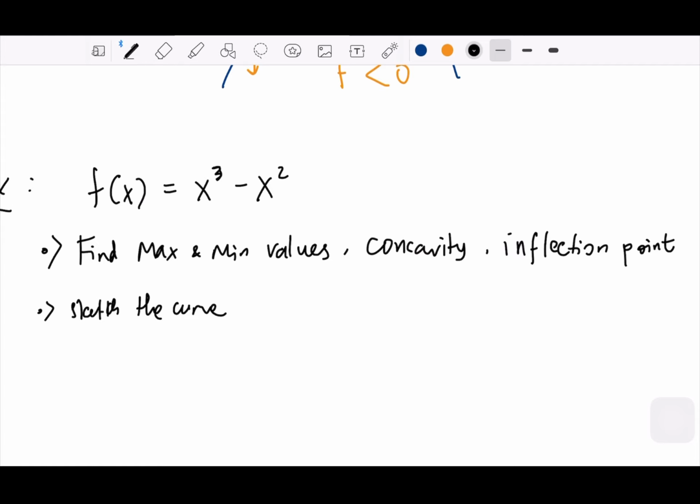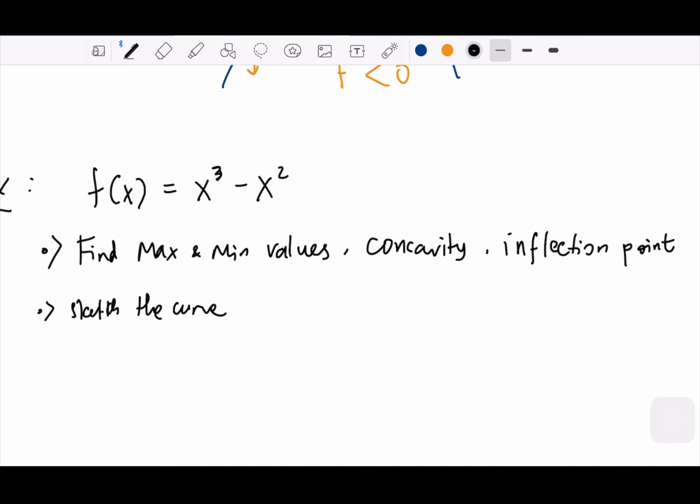So first, before we find the max and min values, or the concavity or inflection point, the first thing you can do is probably find whether the function is crossing the axis. So you can check when x is 0 or when y is 0.